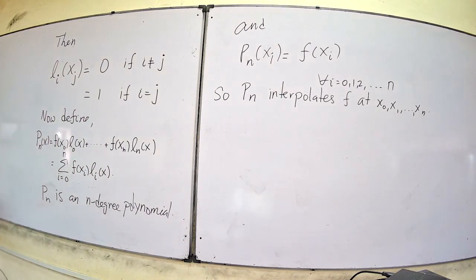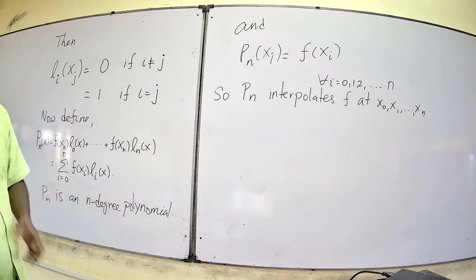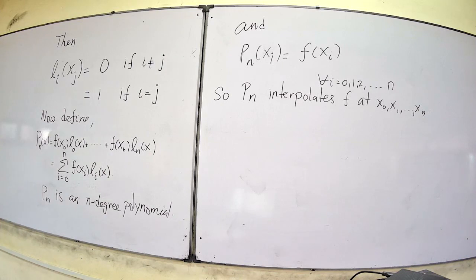So this is how we find an interpolating polynomial of a function. So f is given or defined on certain points x naught, x1 up to xn. Then we see that the interpolating polynomial Pn of x can be defined by using this Lagrange polynomial interpolation method.